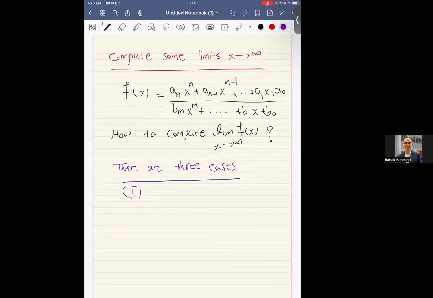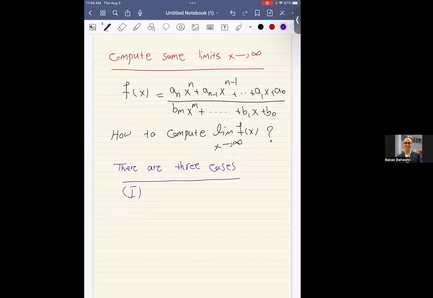So when I wrote these 2 polynomials on the top and at the bottom, the degree of the numerator is n, the degree of the denominator is m. The degree of any polynomial is just the top power exponent of x that appears in that polynomial. Now, there are 3 cases.